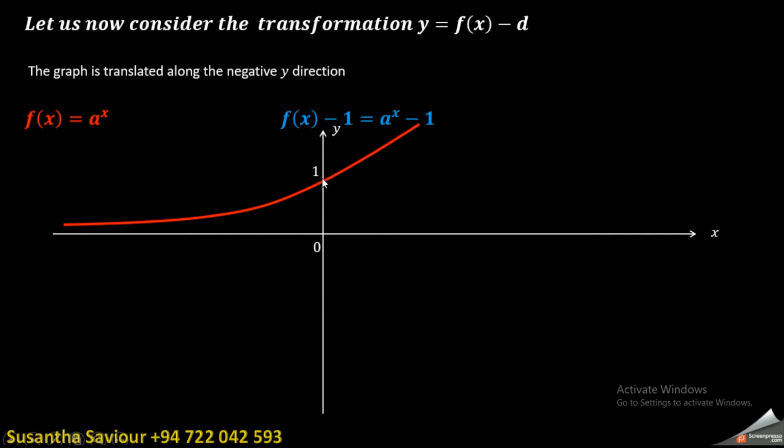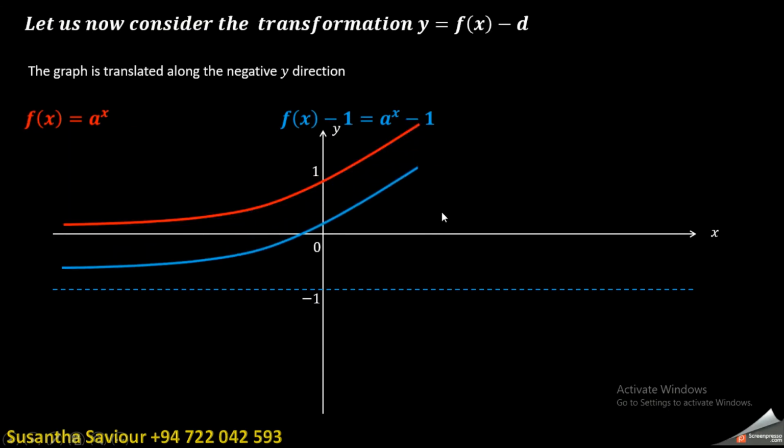This 1 will come and stop at 0, and the asymptote, the y equals 0 line, the x-axis, will move. For this graph, my new asymptote will be y equals minus 1. This is the new asymptote. Look at the way it is moving. It moves down by 1 point, and this came and sits here.